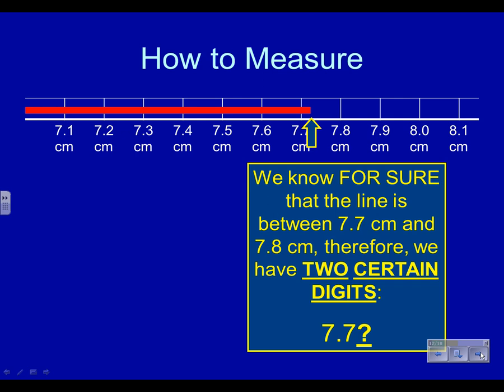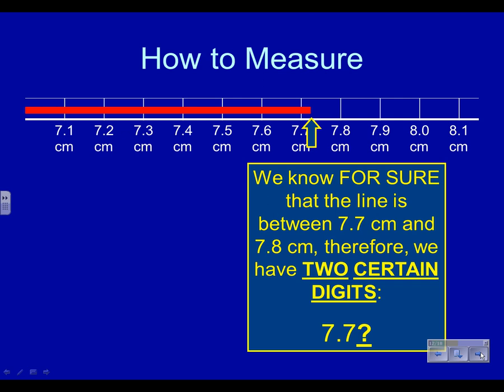That means now, instead of having one certain digit, I have two certain digits. How come I have two certain digits in this value instead of just one in the last value? Because the ruler changed, right? There's more lines on the ruler. That gives me more certainty.